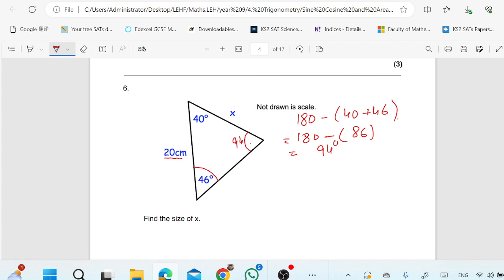So now this angle is 94 degrees. Now you know an angle and its opposite side, so you can use the sine rule to do that.